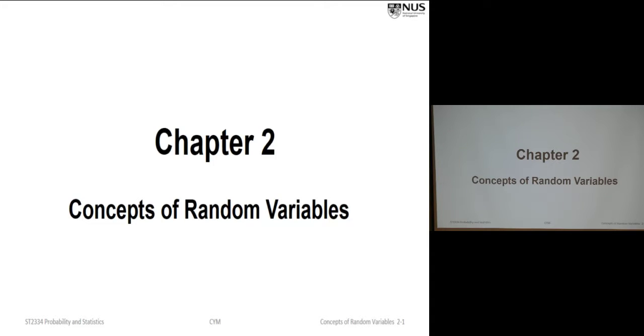But in probability, we have this random variable. A random variable is a special type of variable. It has the property that it takes on a range of values. On top of this, it also has another quantity or numbers associated with it, that is how likely the random variable takes these values.